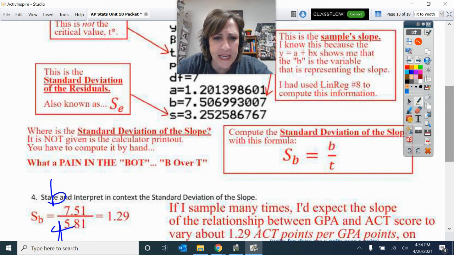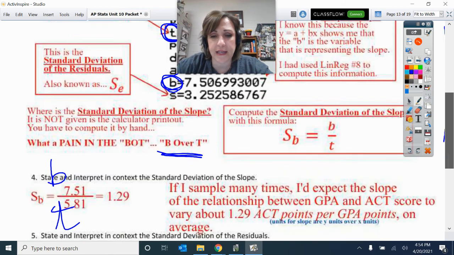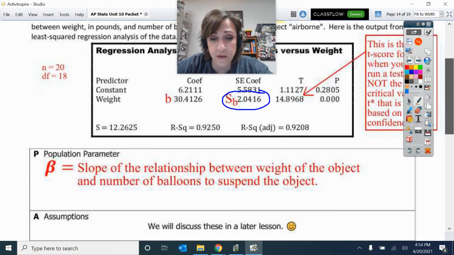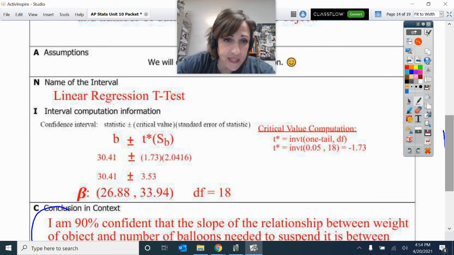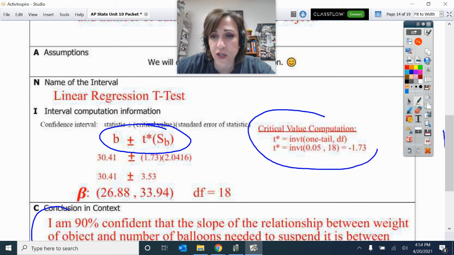It's b over t, so you can compute it from your information: sample slope divided by the t-score. And then you can interpret those. And our last one is our computer printout, where we had to know that formula and know how to calculate the critical value based on your confidence level.